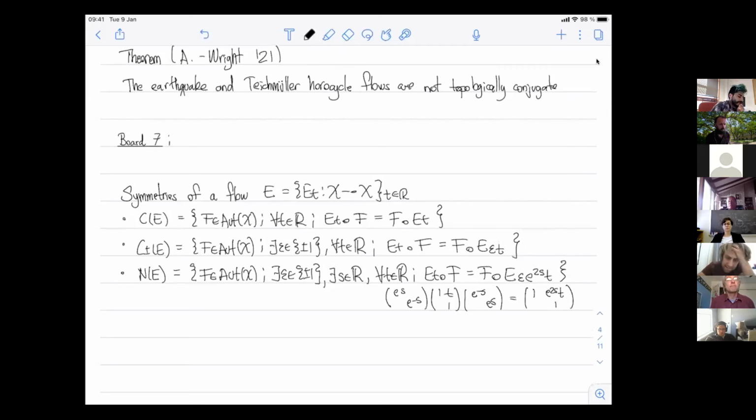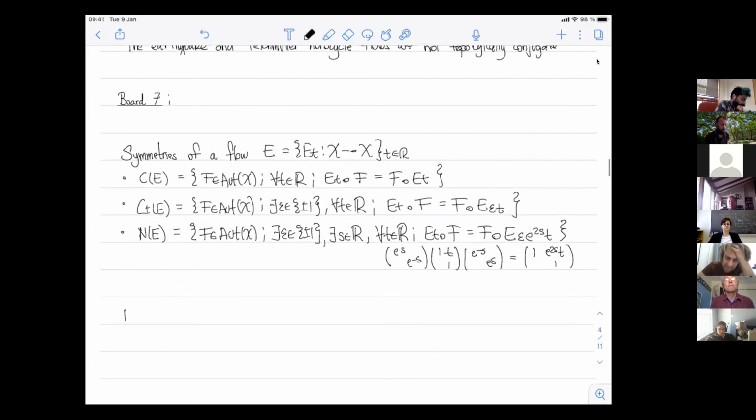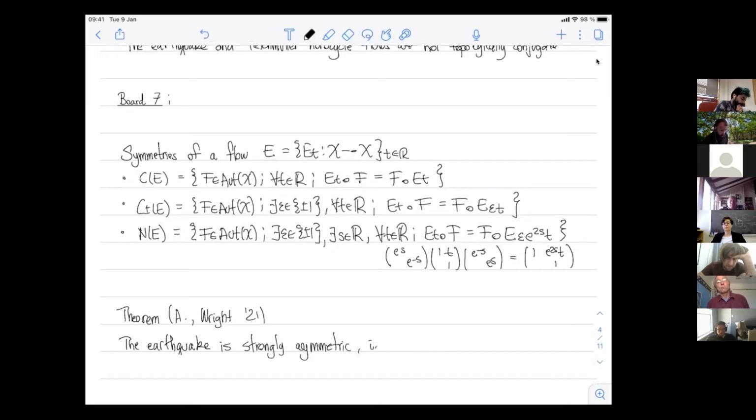And so the theorem that we actually prove with Alex, last year, is that the earthquake flow is strongly asymmetric, and by that what we mean is that its normalizer is equal to the smallest it could be, which is the flow.